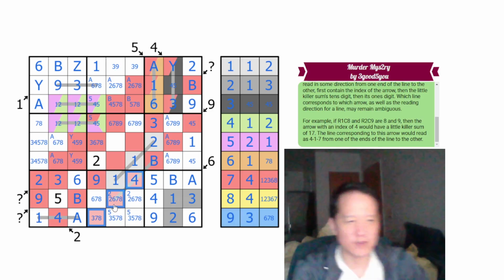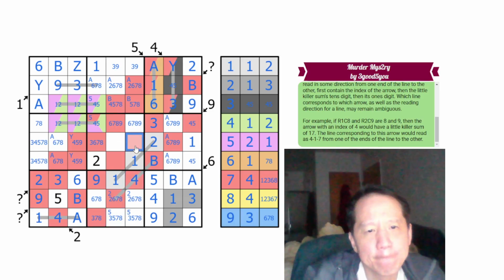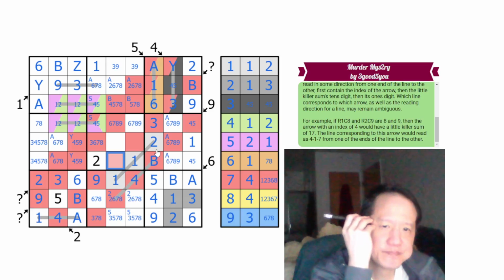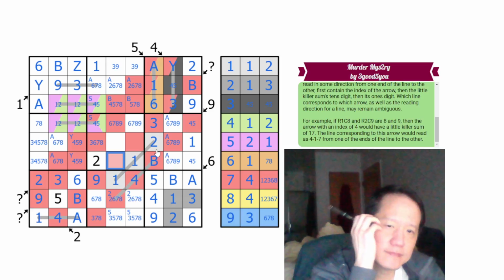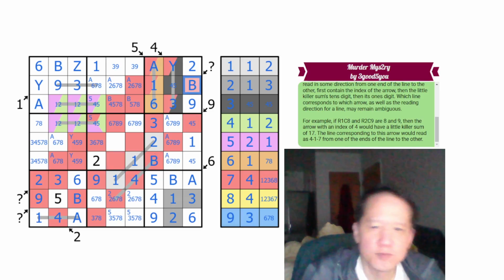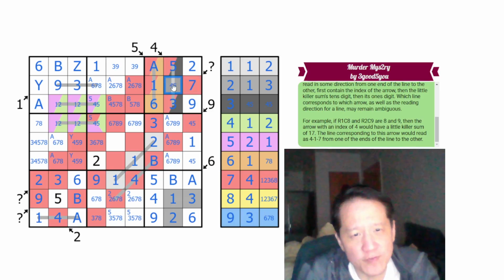This is very convoluted. What does this have to... Okay, so say this was a 7. If this is a 7, this would be 5, this would be 4, this would be 8.